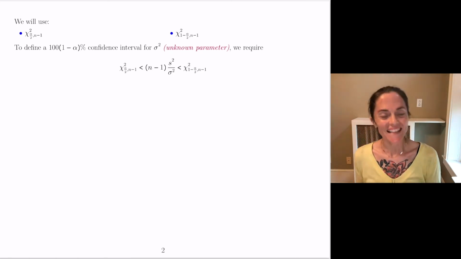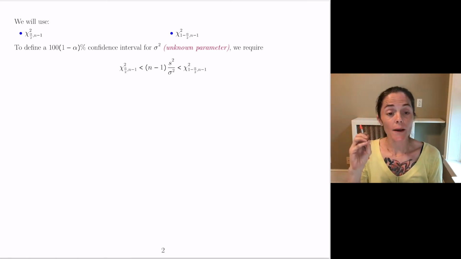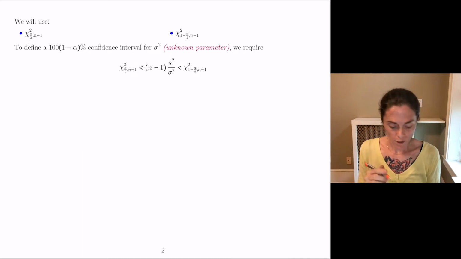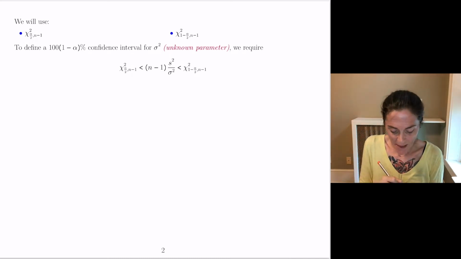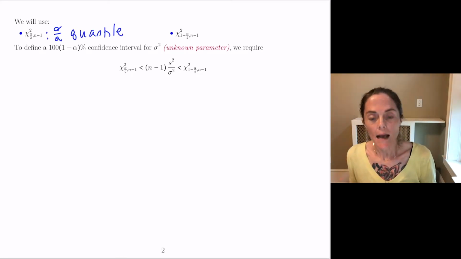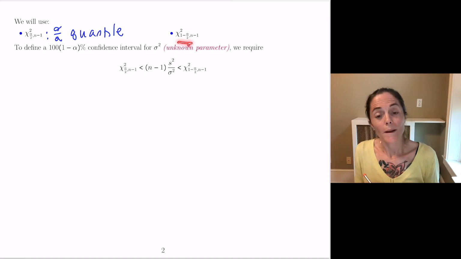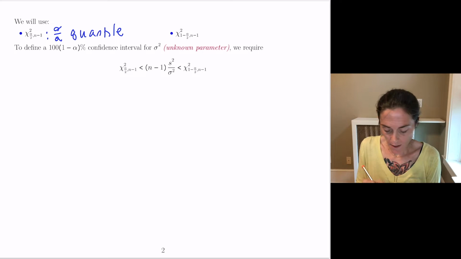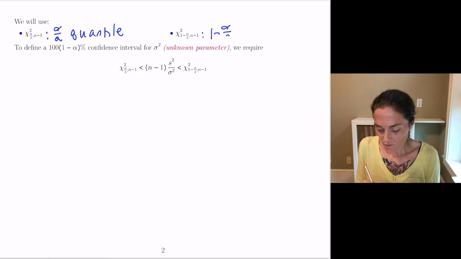We will, however, use this chi-square sub alpha over 2 with n minus 1 degrees of freedom. This is the alpha over 2 quantile. And chi-square sub 1 minus alpha over 2 with n minus 1 degrees of freedom. This is the 1 minus alpha over 2 quantile.